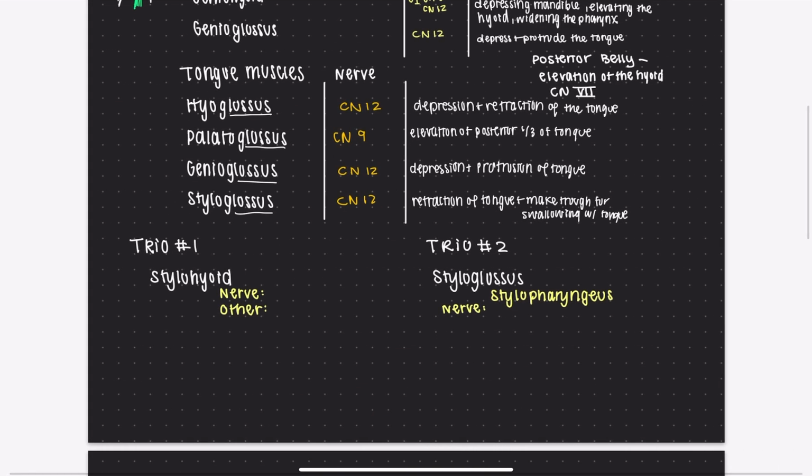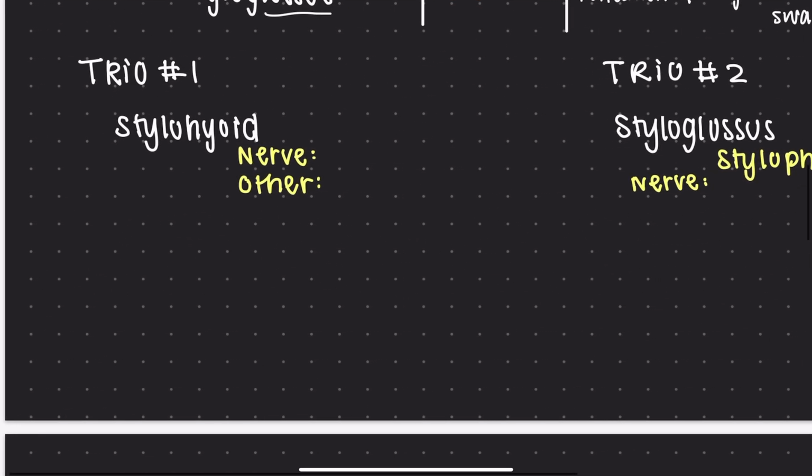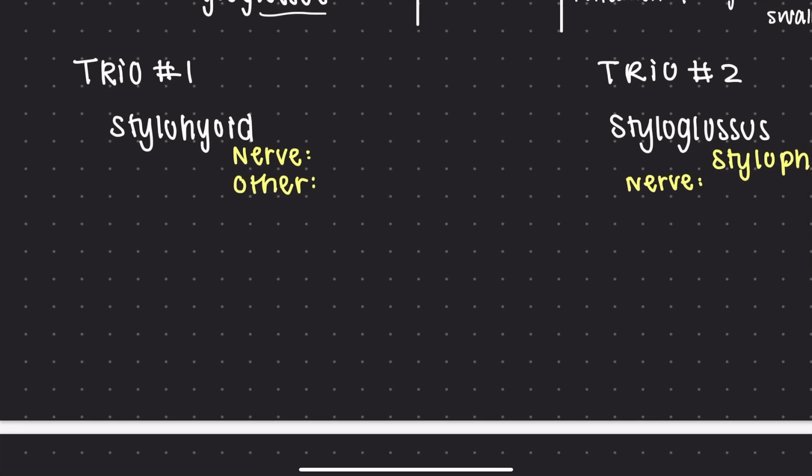Okay. So after that, we're just going to go over quickly these two trios. And this is really helpful if you're in an anatomy lab and you're trying to identify these things in a prosection or a cadaver. So, there's a trio here. You can see this best more posterior because it's going from the styloid process of the temporal bone to the hyoid bone right here.